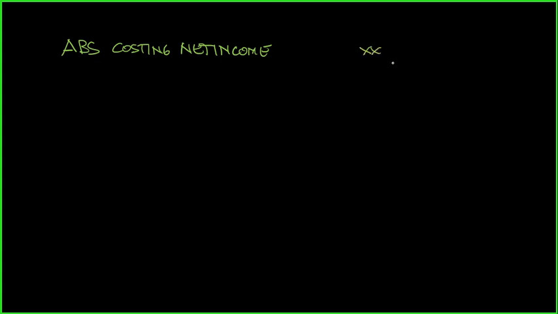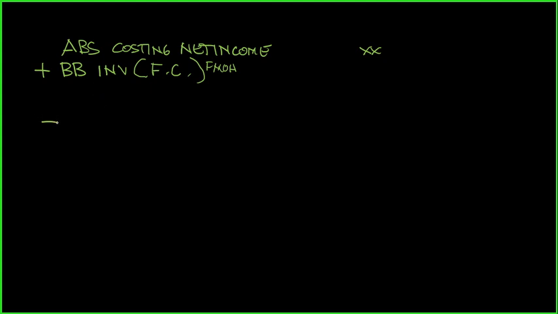Pero you have here the absorption costing net income. And then from your absorption costing net income, you add the beginning balance of your inventory in terms of your fixed cost, or fixed manufacturing overhead, found in your beginning inventory.